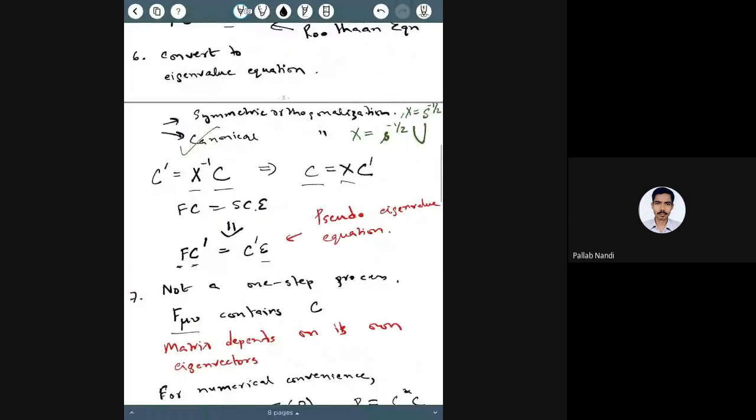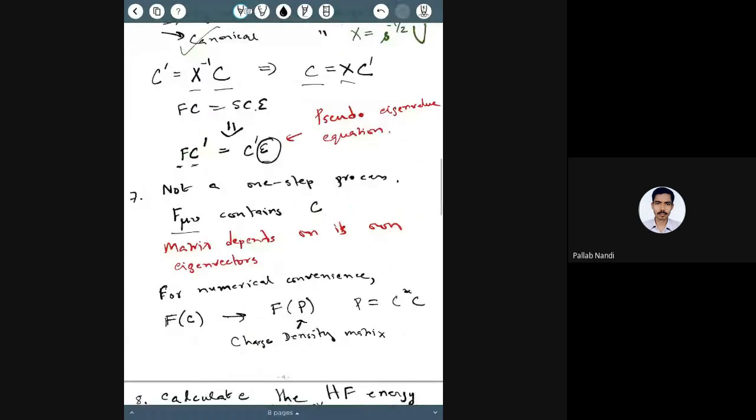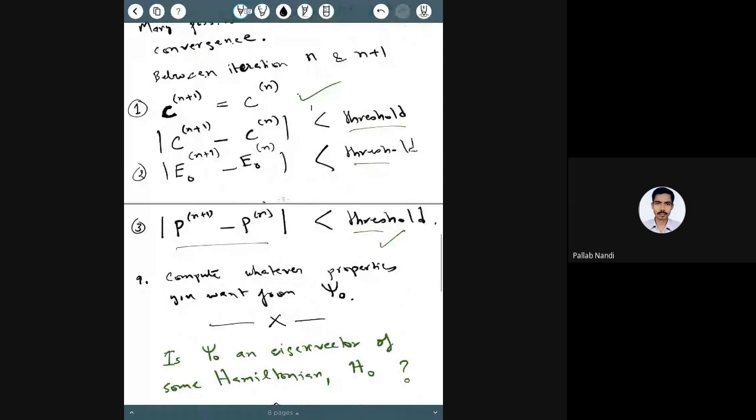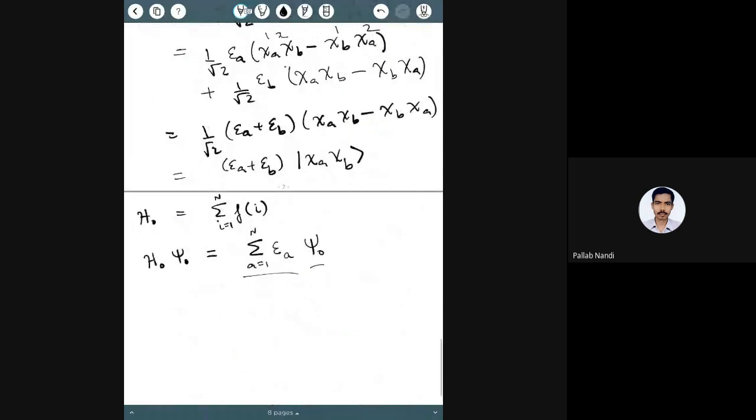This is your eigenvalue matrix, and this only has diagonal elements. So every diagonal corresponds to the energy of the spin orbital, and the sum of all those diagonals is basically the trace of the epsilon matrix. So that is the eigenvalue of H naught.